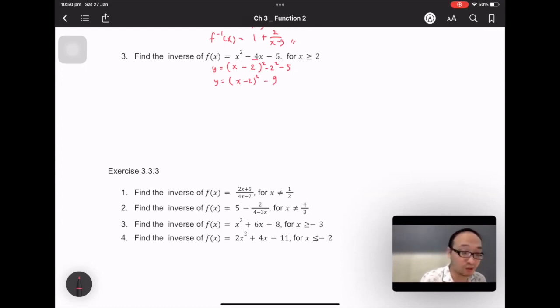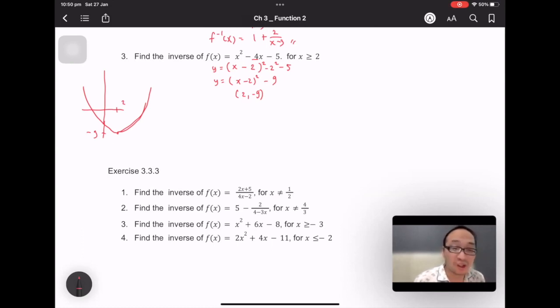So if we draw, the vertex will be 2 and negative 9, and this will be a U shape. And you see that this is not a one-to-one function.